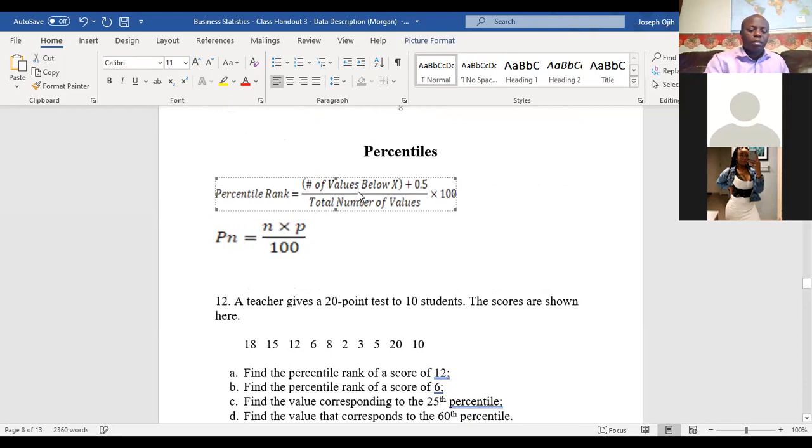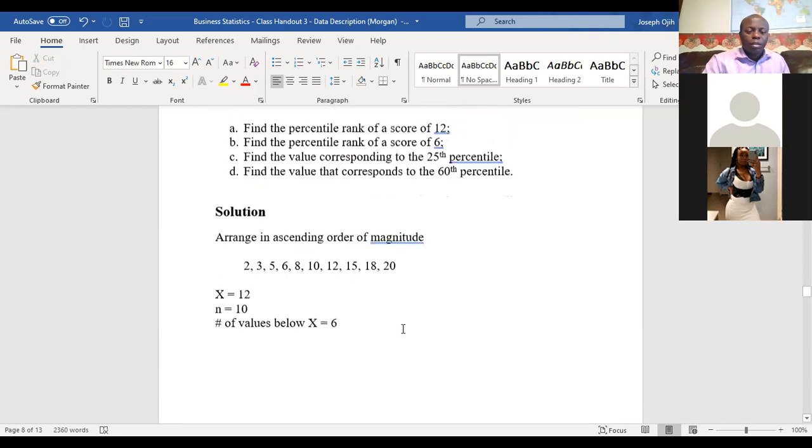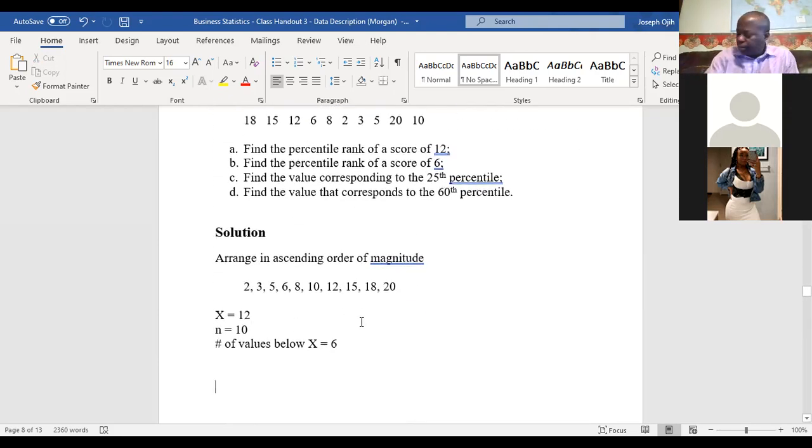So now you plug it into this formula. The percentile rank becomes: number of values below x is 6, plus 0.5, divided by the total number of values, 10, times 100. Let me put it on the screen so you can see. x is the value of interest, the number of items in the list is 10, and the number of values below x is 6.